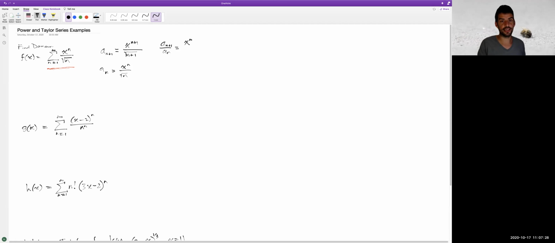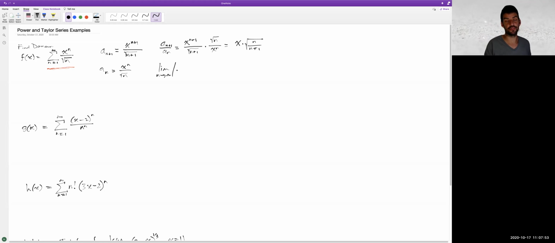I'll get x to the n plus 1 over root n plus 1 times root n over x to the n, which can all be worked out to be x times the square root of n over n plus 1, right? So a little bit of algebra, we get this. So then we're going to take our limit as n goes to infinity of the absolute value of this thing.